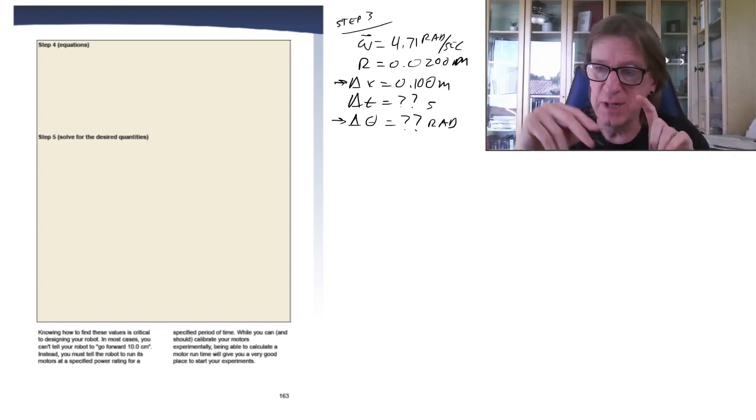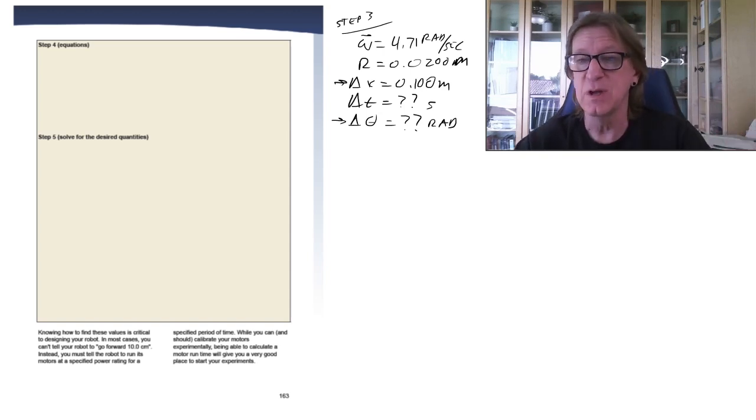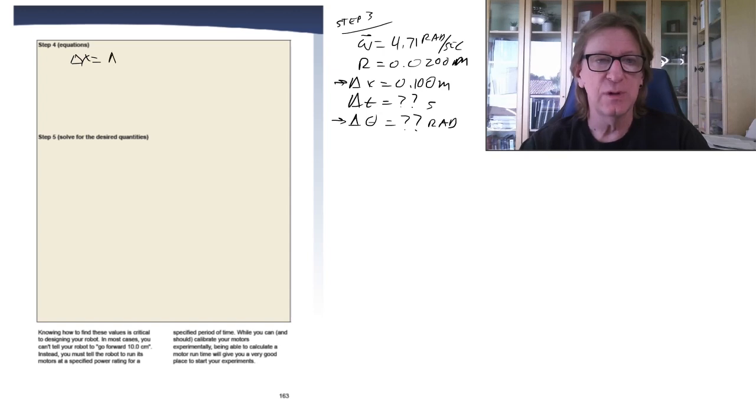So how many times does it have to turn? Well, you could count circumference with that, couldn't you? But the easier way to do it is simply to use the equation that we derived. So I know that delta x is equal to delta theta times r. So that will give me my delta theta.